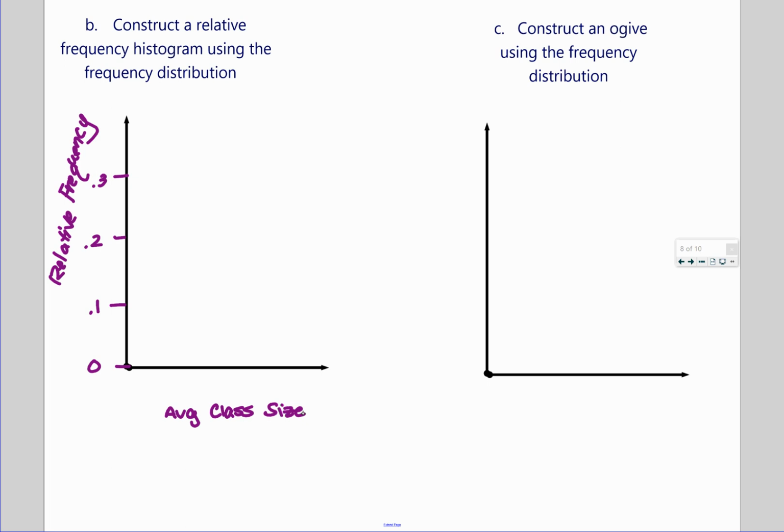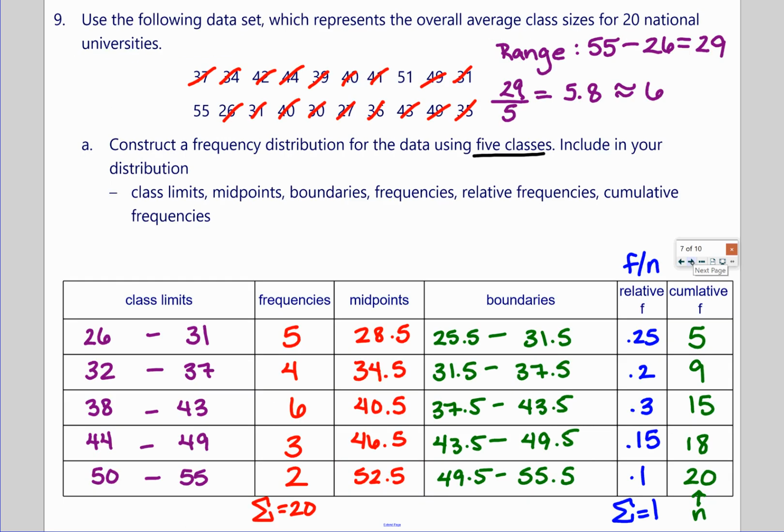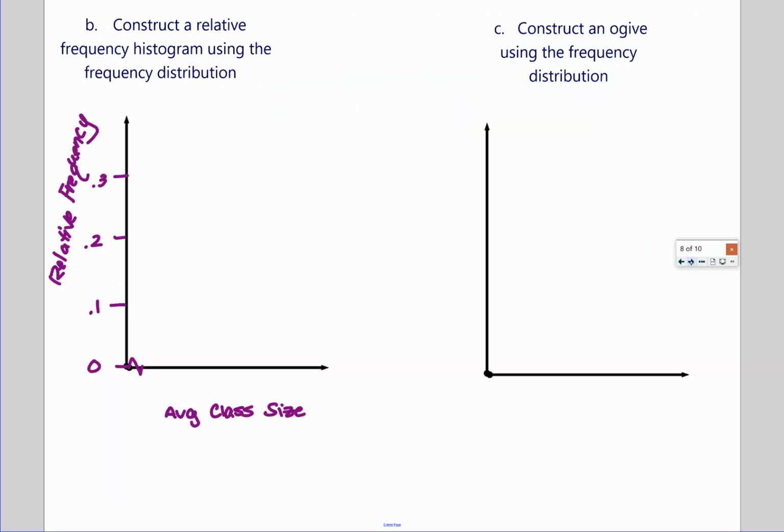So I'm going to make this with class boundaries. Now there is going to be a little break here because it's not going to start at 0. And the first class boundary we had was 25.5. The next one we had was 31.5. These just increased by 6.